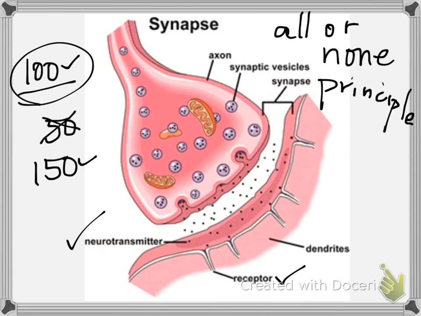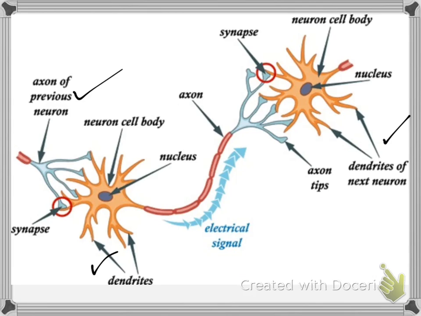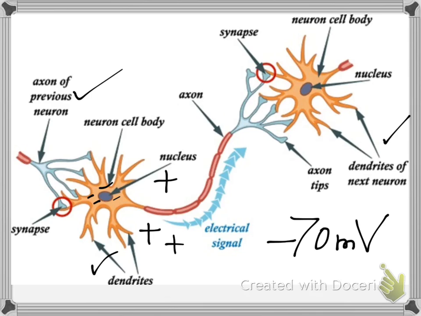Okay. That's really important. So what's happening here is that in the cell, you've got an overall negative charge. In fact, the charge inside the cell is negative 70 millivolts. Okay, and so all inside here is negative, and mostly outside the neuron, you have a generally positive overall charge.